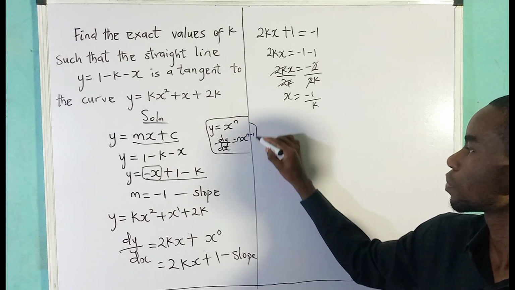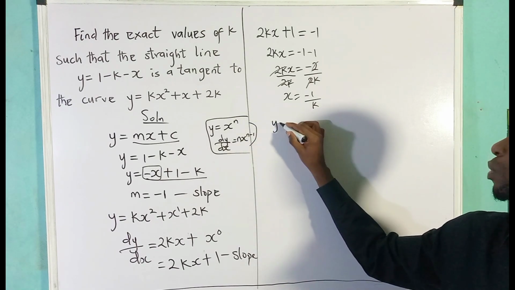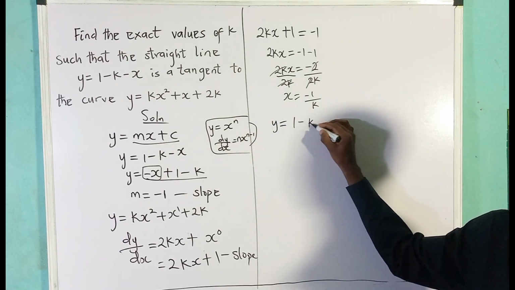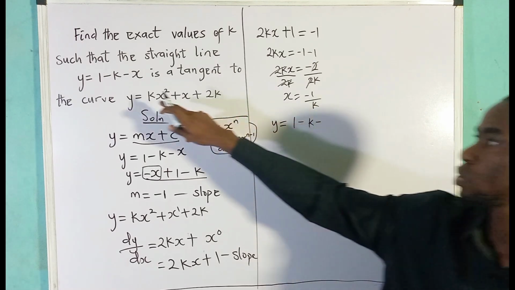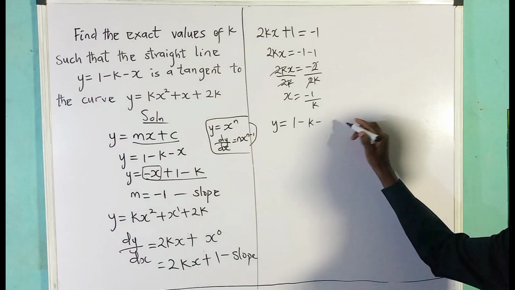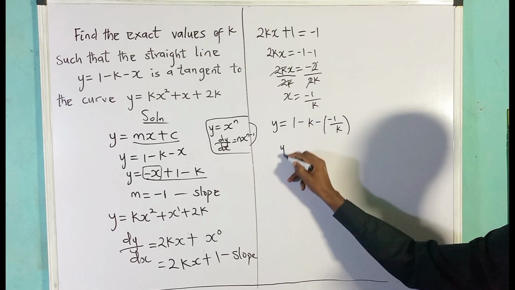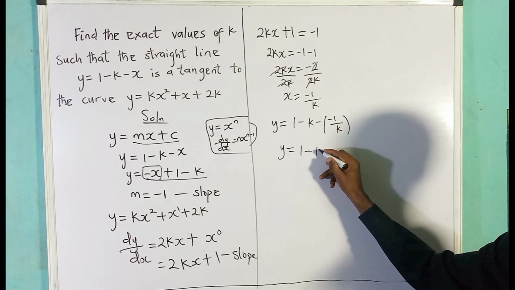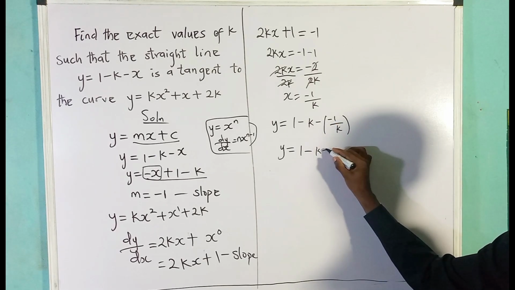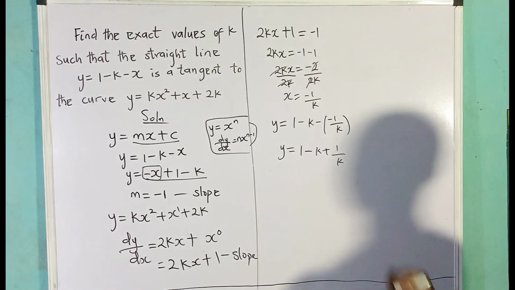For equation 1, y equals 1 minus k minus x. Please take note, x is now minus 1 over k. So y is equal to 1 minus k, minus times minus is going to be plus 1 over k.